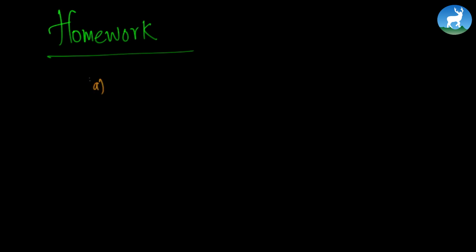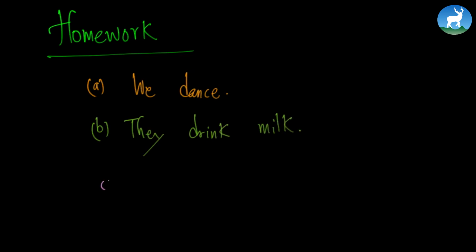The first question is, we dance. Second is, they drink milk. And the last one is, she cooks dal bhat. So convert these sentences into simple past tense, and that's all your homework.